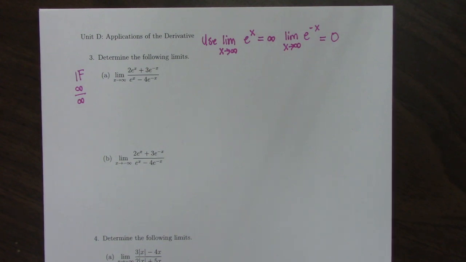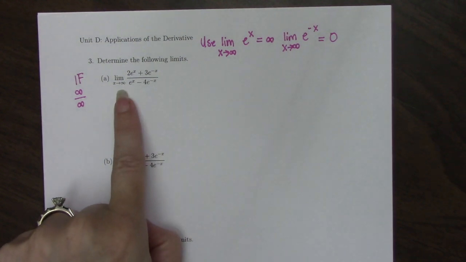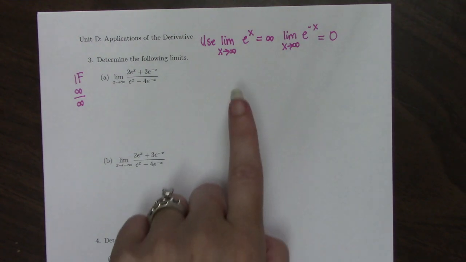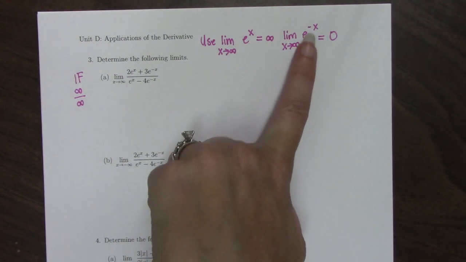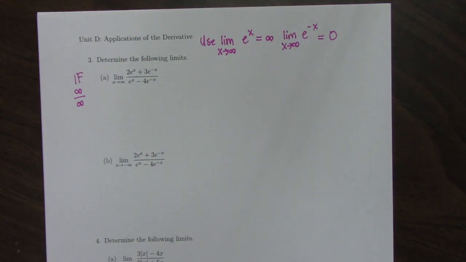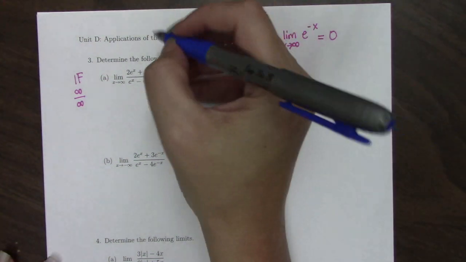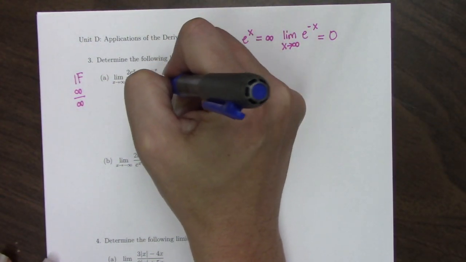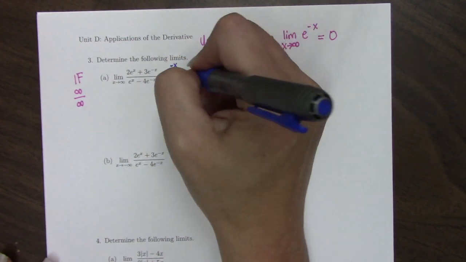So I was trying to create as many zeros as I could and then evaluate what was left. If we're going to positive infinity, I want to do the same thing. I want to look for zeros. So going to positive infinity, it's e to the negative x that creates a 0 for me. So that means I'm going to multiply the numerator and the denominator by e to the negative x.